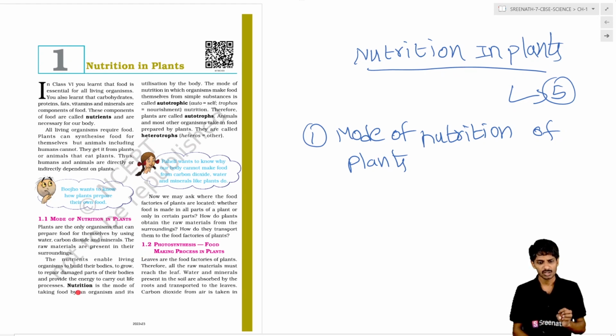Nutrition is the mode of taking food by an organism. What is meant by nutrition? In which way do organisms take food? We take food by preparing delicious foods in kitchens and hotels, and we get ingredients from crops, plants and animals.